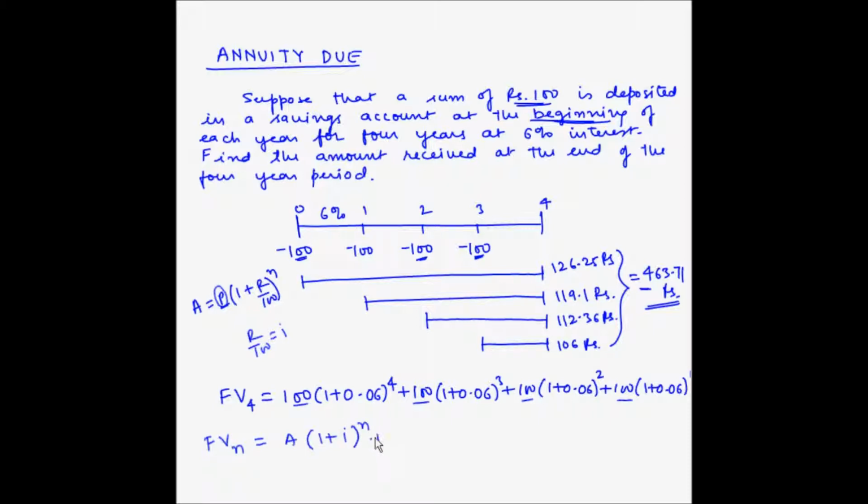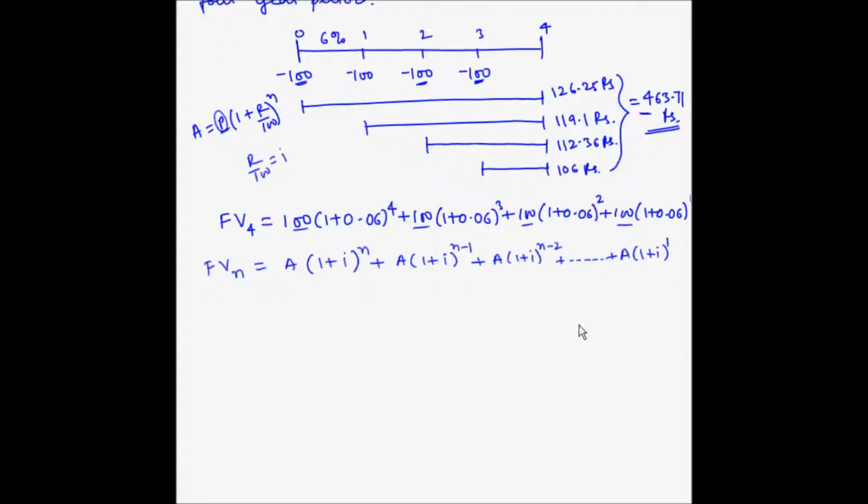So N plus again A into 1 plus I to the power N minus 1 plus A into 1 plus I to the power N minus 2 and so on up to A into 1 plus I to the power 1.